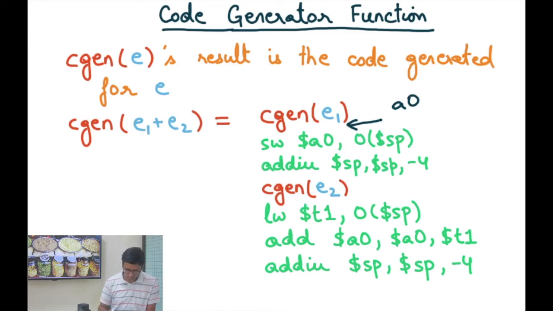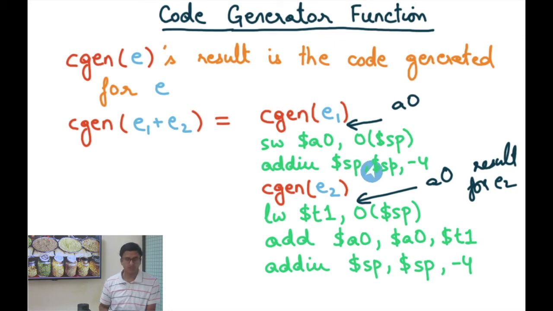At this point, A0 has the result for E2, and the top of the stack has the result for E1, because that's what we pushed and we assume it hasn't been modified. So I load the top of the stack, at $sp, into the temporary register T1, and then I do the addition. I say add A0, A0, T1, which puts A0 plus T1 in A0. Now the result of E1 plus E2 is in A0.